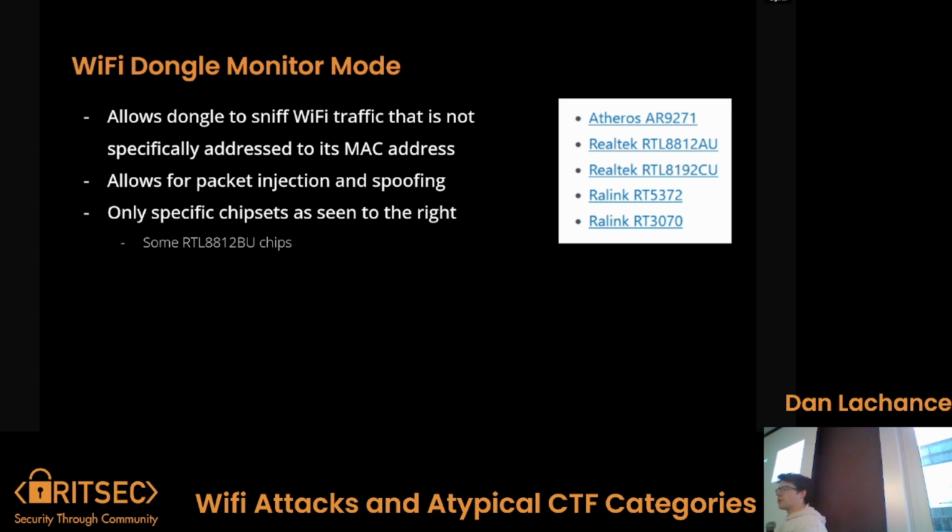In order to do that and to do Wi-Fi packet injection, you need a Wi-Fi dongle that's put into monitor mode. There are only a few chipsets that support it, and they're all to the right, all the ones that I could find. You need one of those specific chips to put your Wi-Fi chip into monitor mode so that you can listen to everything being broadcast in your general vicinity.